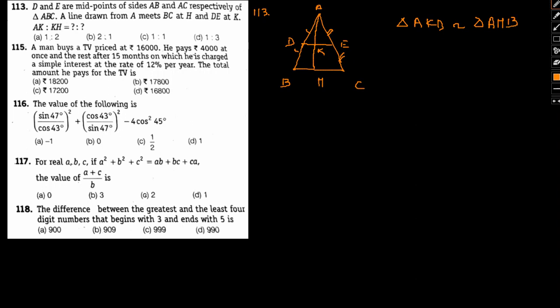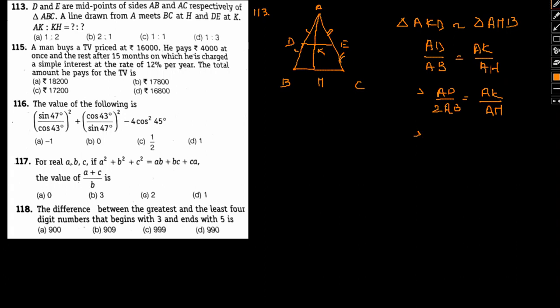So therefore, what we can write is AD by AB will be equal to AK by AH. Now, AB is twice AD. So AD by twice AD equal to AK by AH. Okay, we can write that.